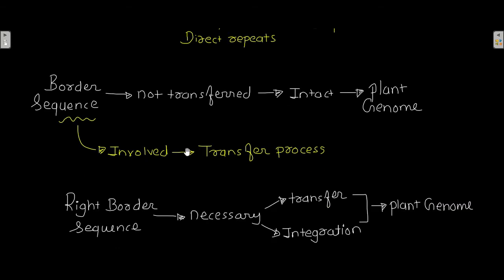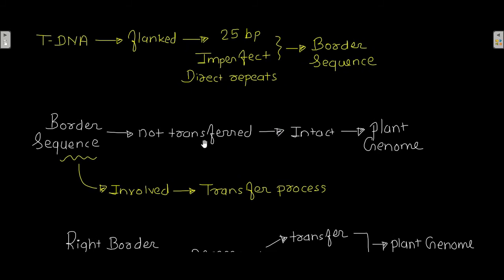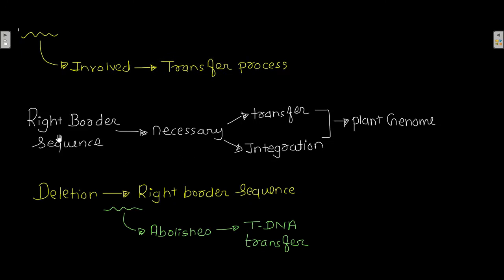This border sequence is not transferred intact into the plant genome, but it is involved in the transfer process. The border sequences are of two types, right border sequence and left border sequence.